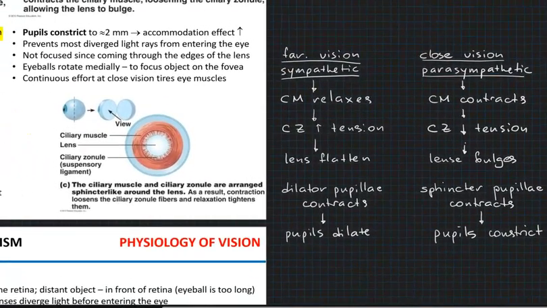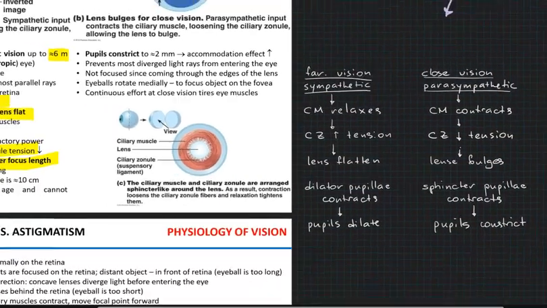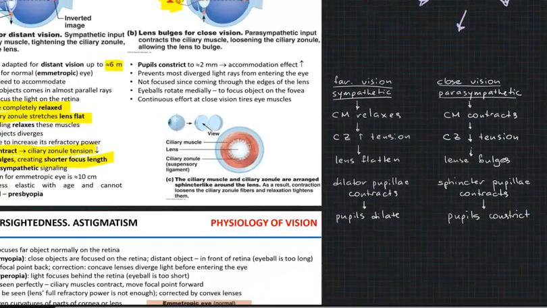Okay? Sounds good? I'm going to leave it on for some time. Now, when you read, is it close vision or far vision? It's close vision. When you engage in close vision, do your ciliary muscles contract or relax?